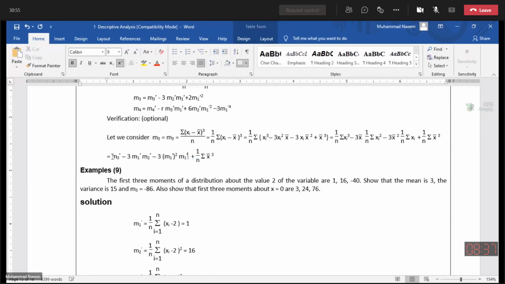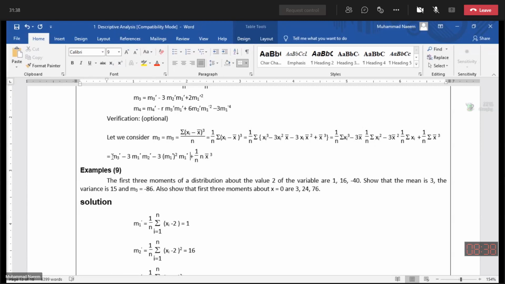So replace with M1 prime. And the last one, what is this? When sigma is applied to a constant, it becomes n times. So replace sigma with n. N is cancelled. We only have x bar cube.